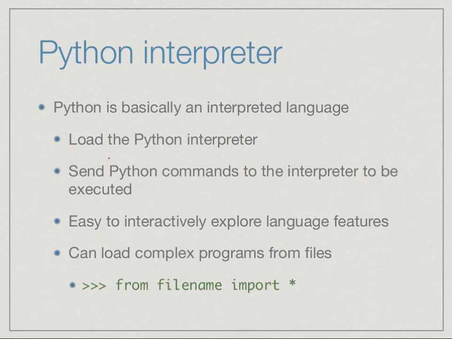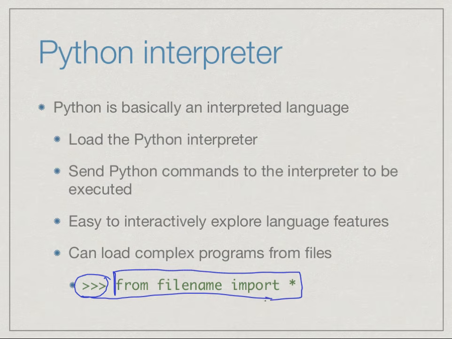What I've shown below in green, as we will see in a minute, is the prompt that the interpreter shows you. When you enter the interpreter, it will ask you to execute a command. And this is a command that you provide the interpreter. It says, I have a file called, say, filename.py typically, to indicate it's a Python program.